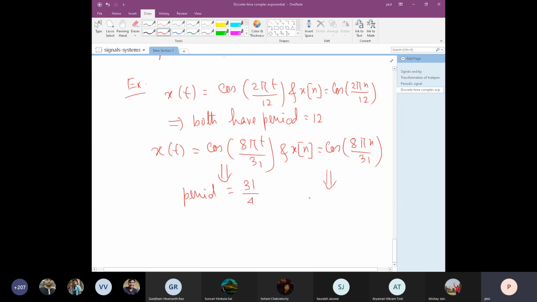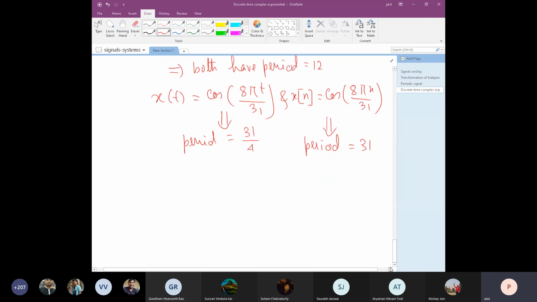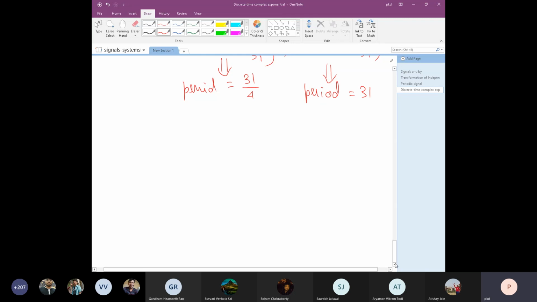However, because here the period n can only be an integer, the period is 31. That is a consequence of sampling, and we can move only in the integer space in case of x(n). With these few observations, we will next go to some unit impulse and step functions.